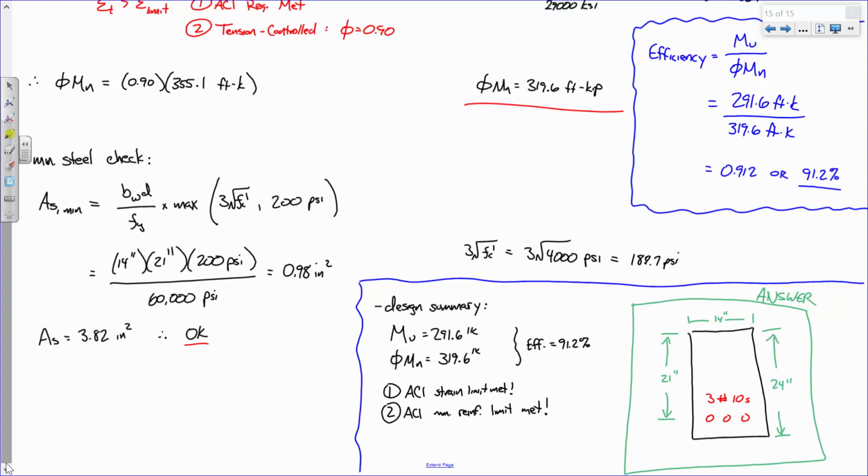Now, I want to look at this beam, and I want you to tell me, what could you change in this beam to either change its capacity or improve its capacity, make it stronger? What parameters? So there's the beam.